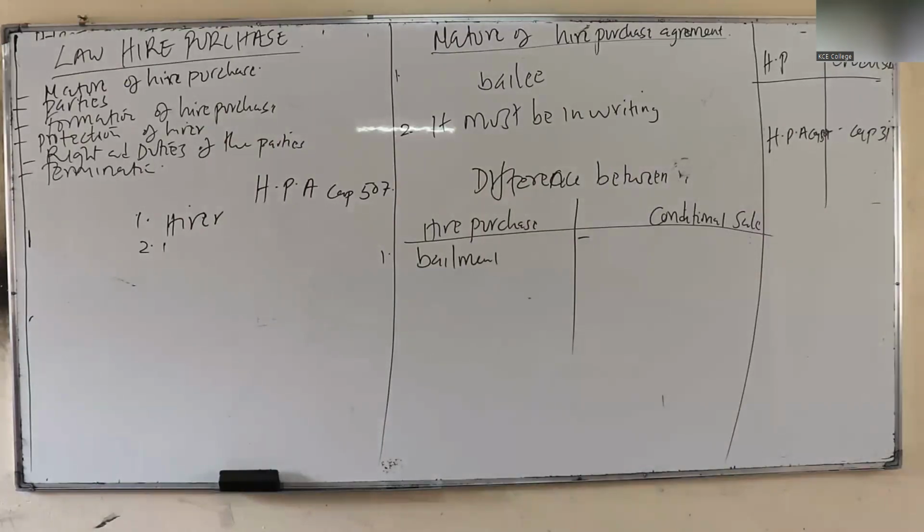Number four, property in goods passes when the hirer pays the last installment. On the other side, property in goods passes when the buyer pays his first installment.